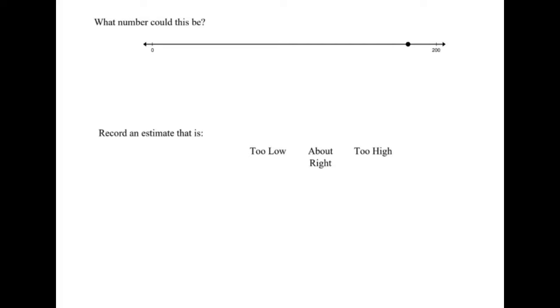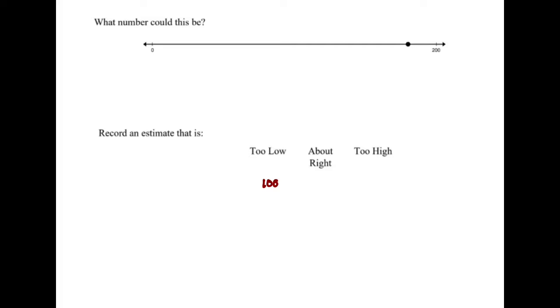Okay, so what I'm going to do is just take a guess. We want to have a guess that's too low, a guess that is about right, and a guess that is too high. Okay, so if 0 is way down here, 200's up here, we know the dot's closer to 200 than it is to 0. So a guess that's way low, let's say 100.